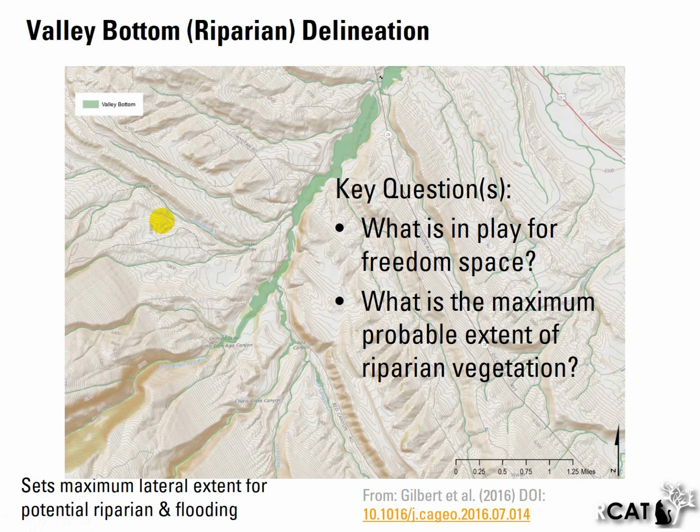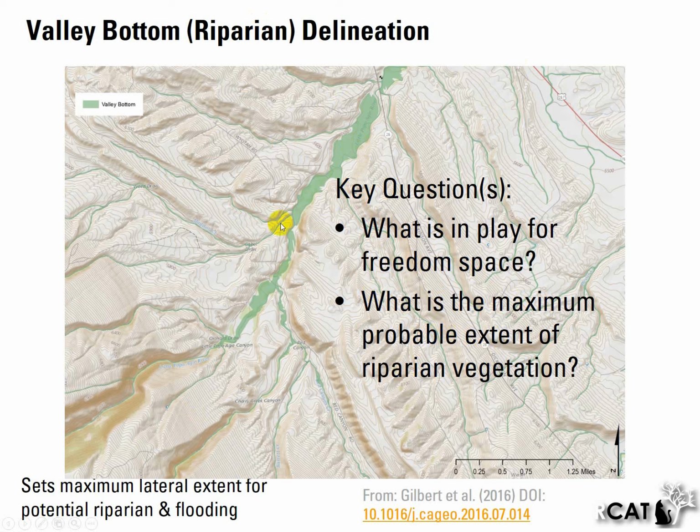I don't have the definition listed here on the slide, but it is the space that could plausibly flood in the contemporary flow regime. And being that space, it's really important to understand what's potentially in play, what could flood in better conditions, and what's the maximum probable extent of riparian vegetation.